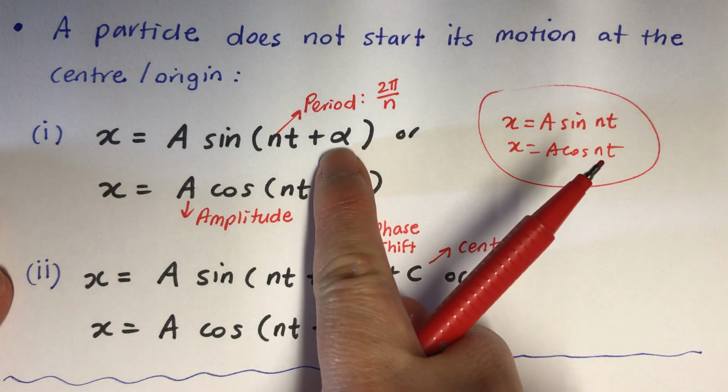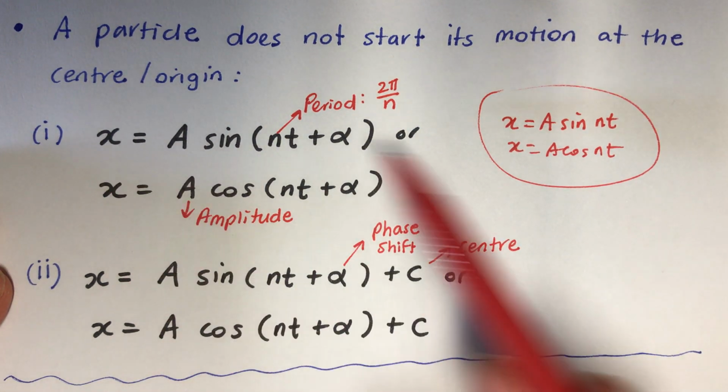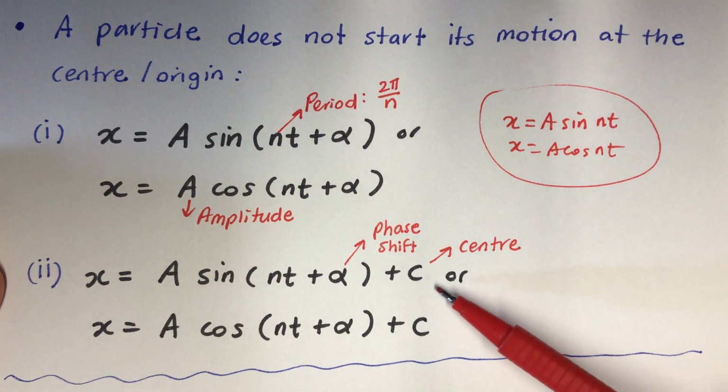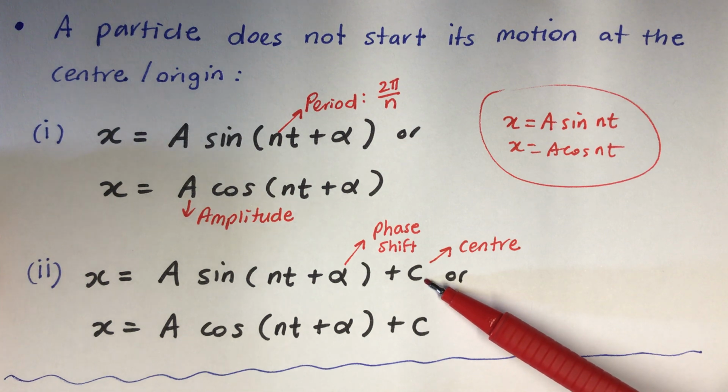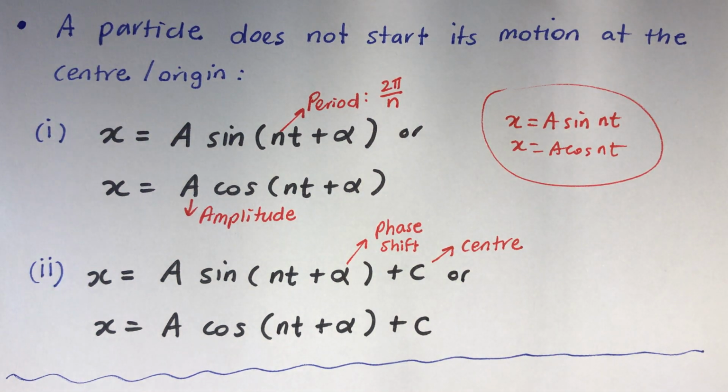But when you start having alpha, because it's a phase shift, moving left or right by 90 degrees or something like that, then we'll have a different center. The center might not be 0 anymore, it might be 8 minus 1, could be anything. Okay, so that's the case.